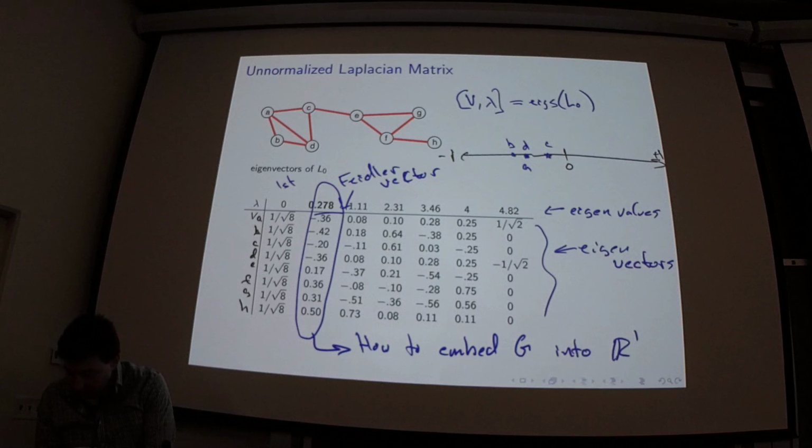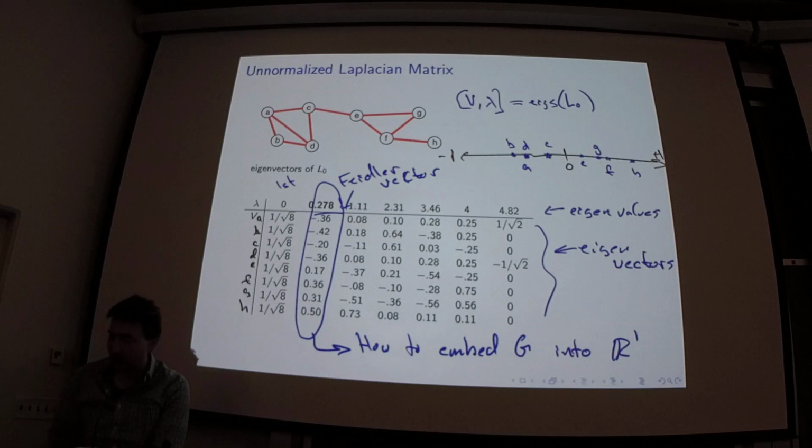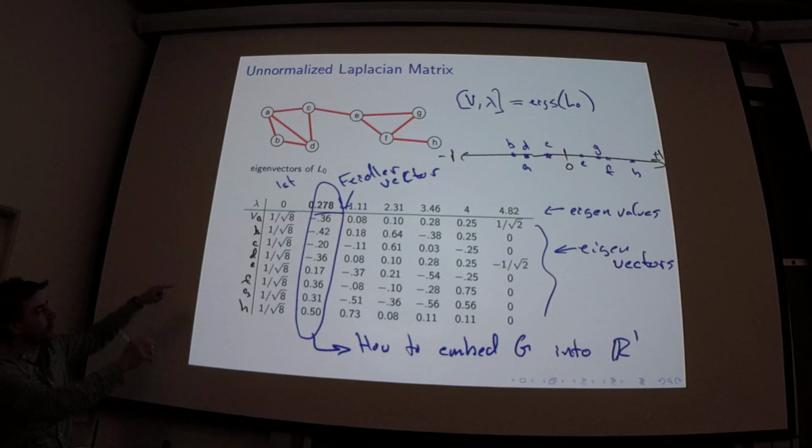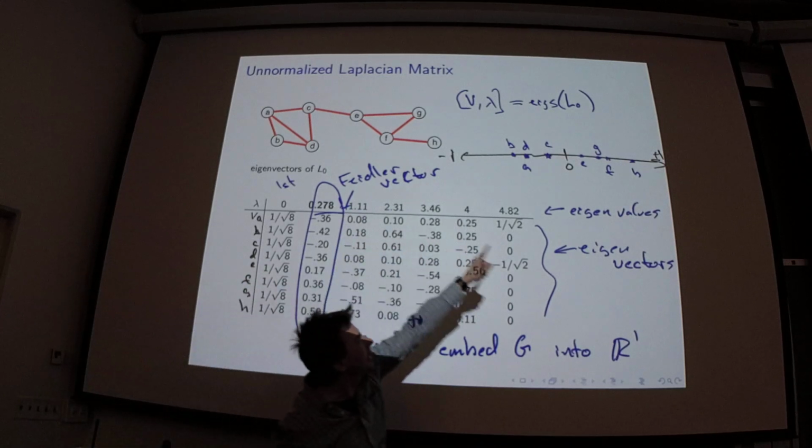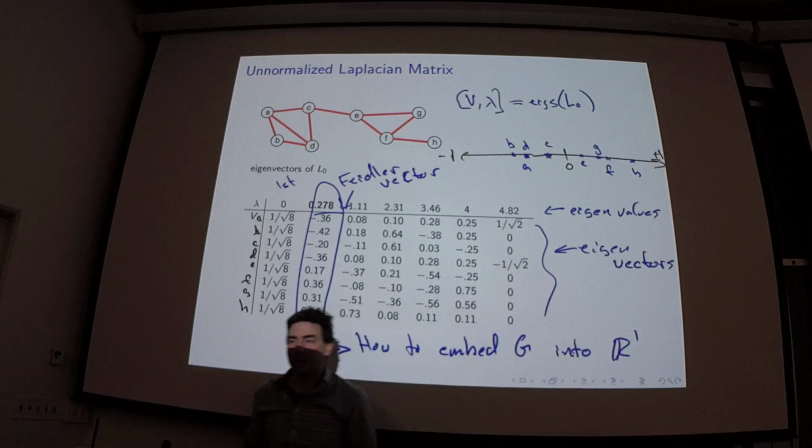And then E is going to be over here. F is out here, G is out here, and then H is out here. So if I just wrote down these coordinates, I'm going to get them in this one-dimensional ordering.